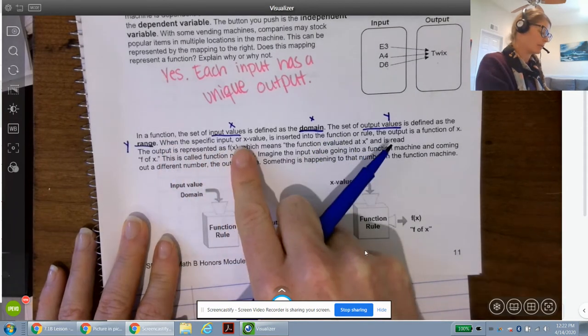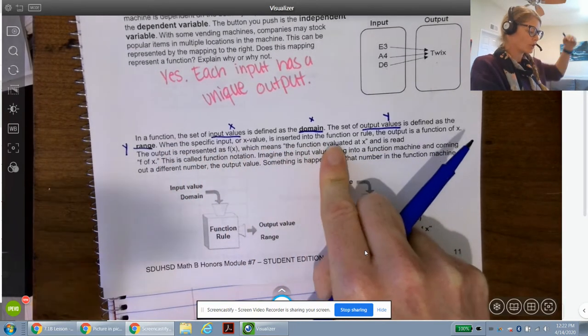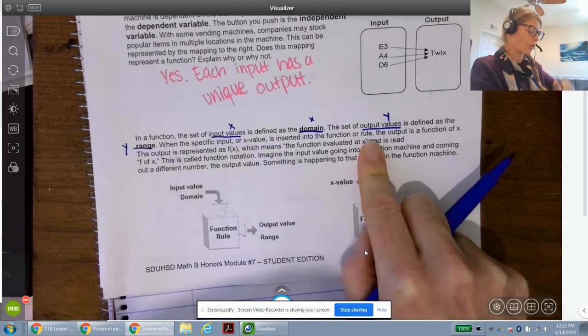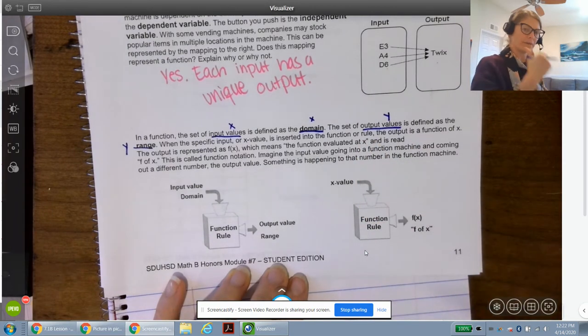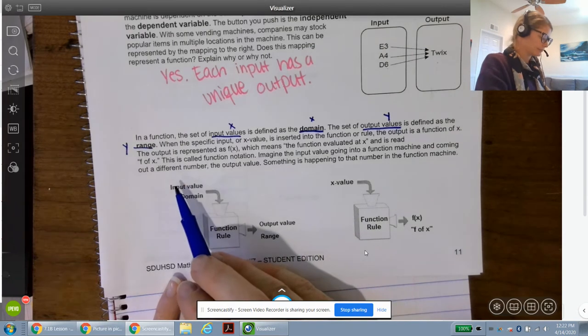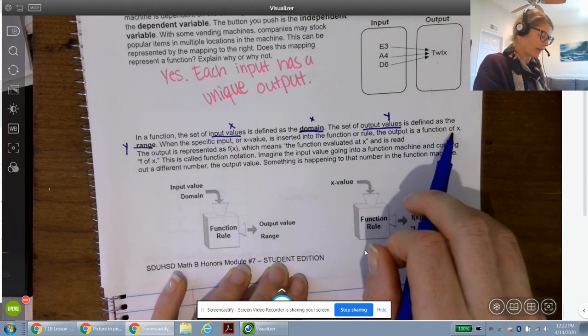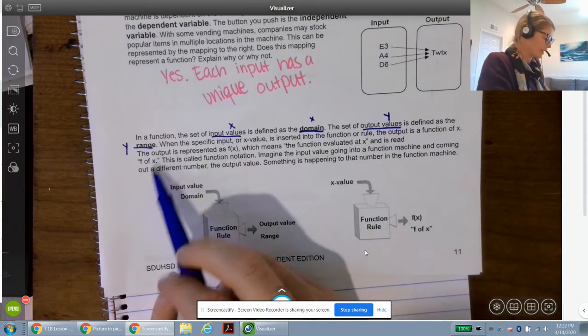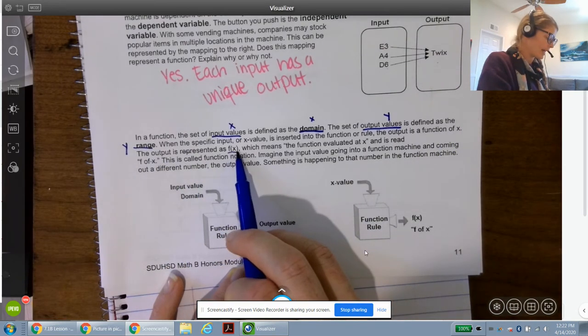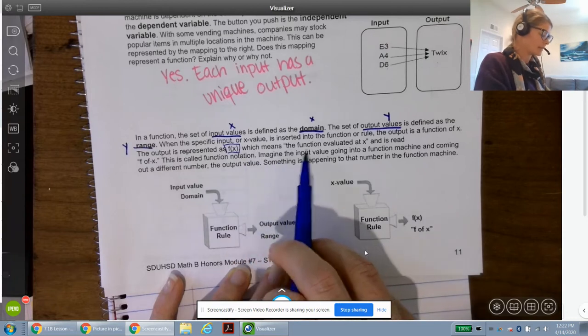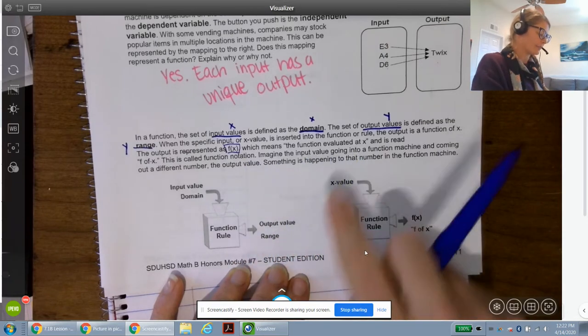When the specific input or X value is inserted into the function or rule, the output is a function of X, which we call f of X. The output is represented as f of X, which means the function evaluated at X.